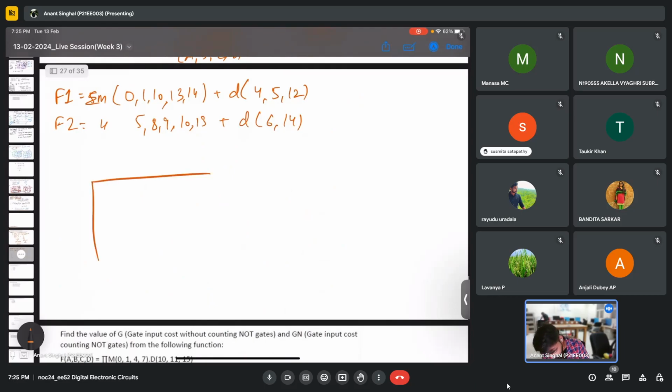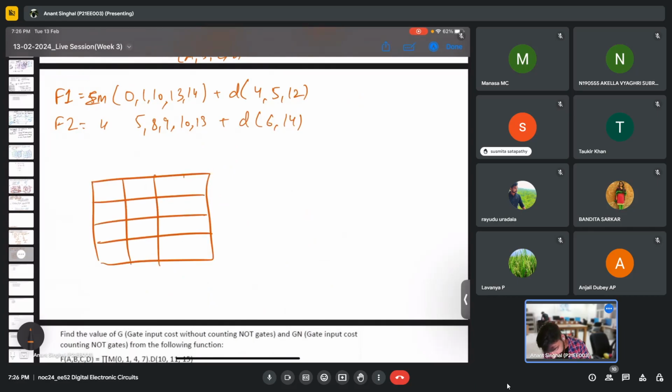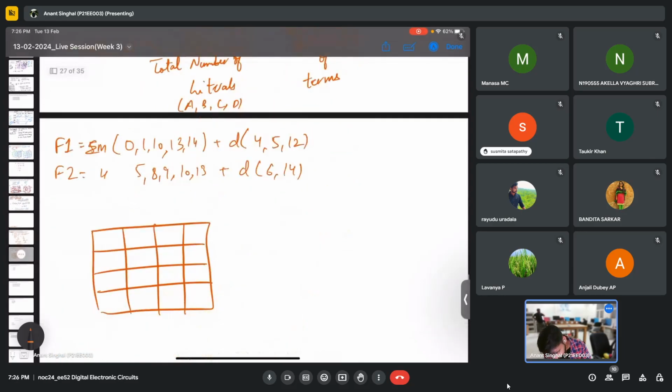So I'll also make the K-maps. What is the term? A, B, C, D. This will be A, B. So I'm making the first one.